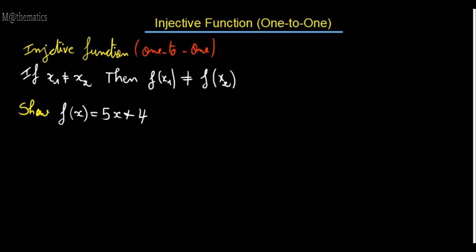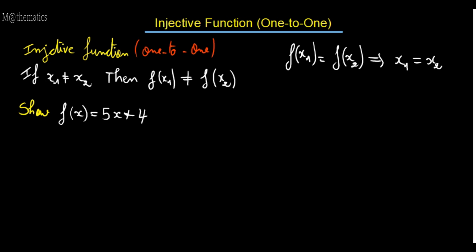contrapositive, so what we can say is that f of x1 is equal to f of x2 implies that x1 is equal to x2.